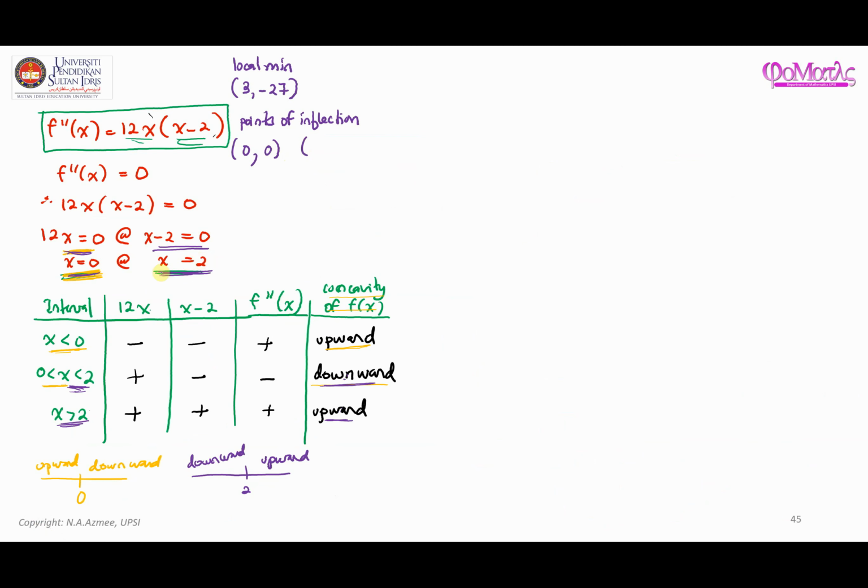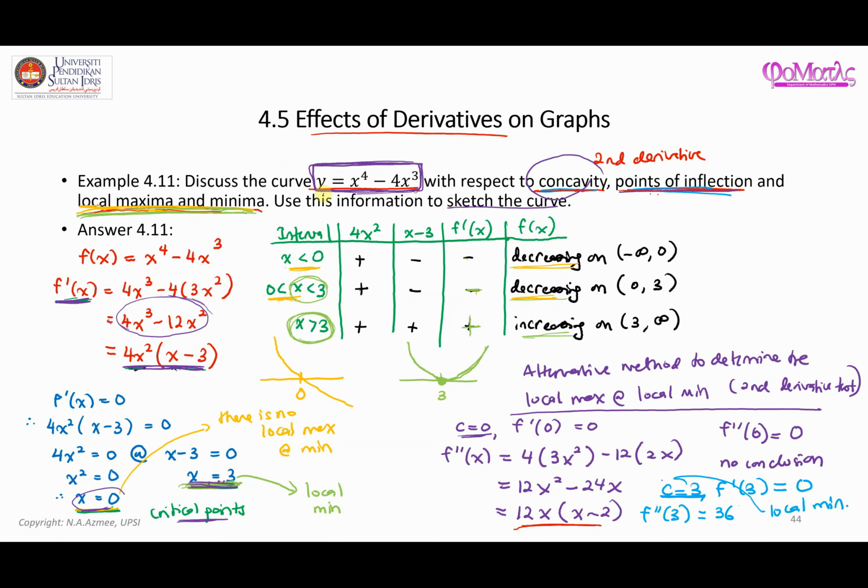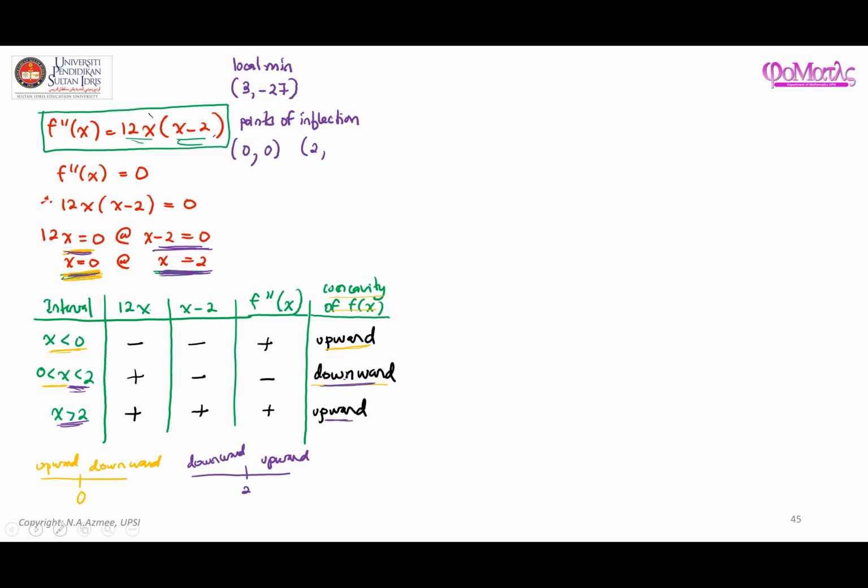And the other point of inflection is when x equals 2. Substitute into this function, and you will get that the answer is negative 16. Okay, so these 3 points are the important points, and we are now going to sketch the graph.